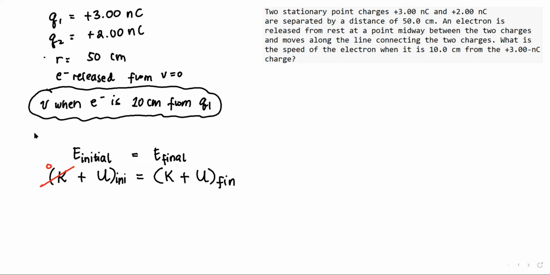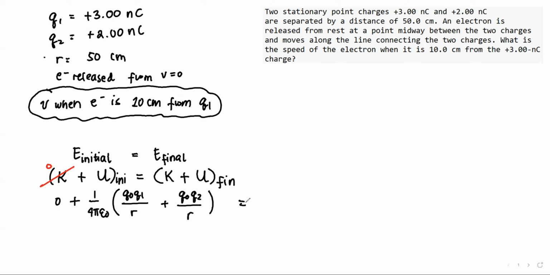Right, so let's have the UI, the initial potential. That would be, we just start here, so 0 plus 1/4 pi epsilon naught, we've got here my Q naught, then Q1 divided by your R, plus, this is several point charges, plus your Q naught, Q2 divided by your R, is equal to, what's the K?